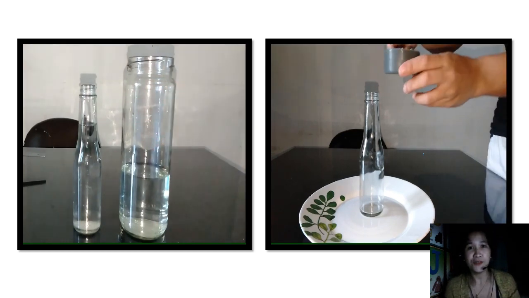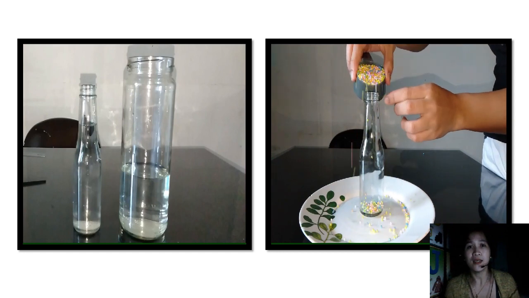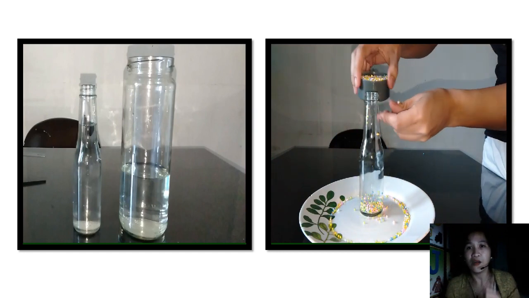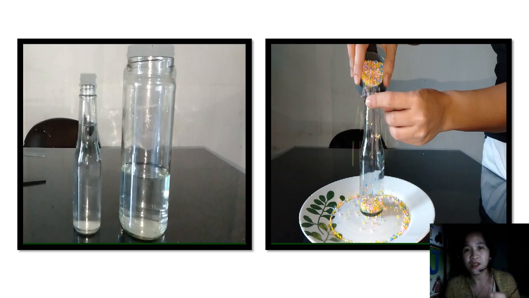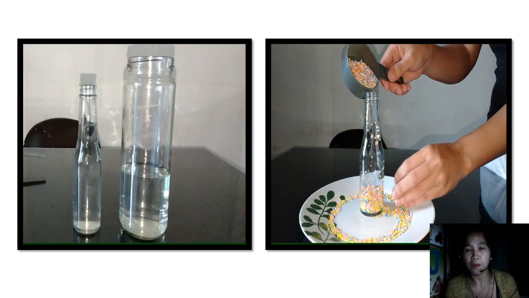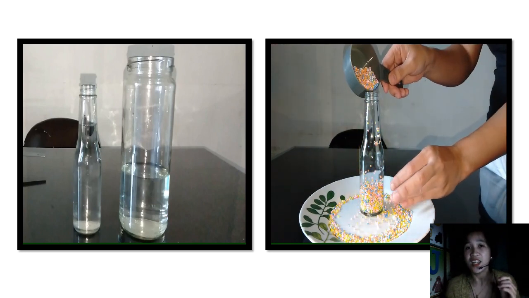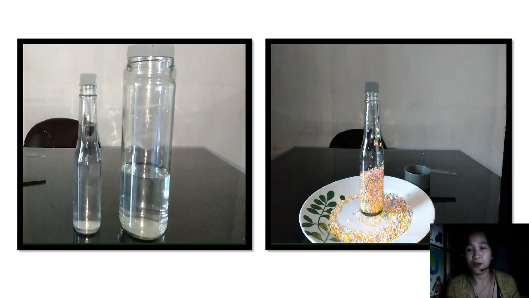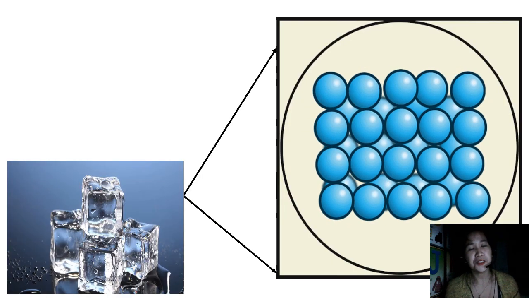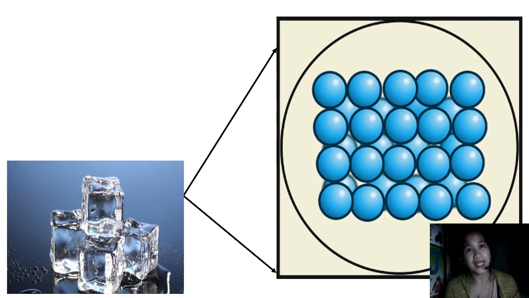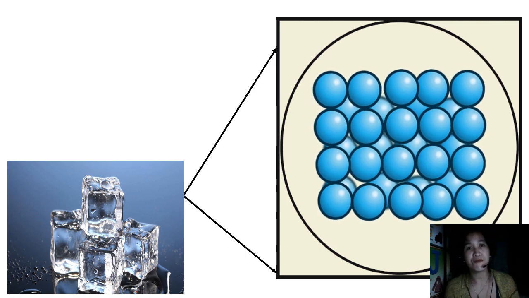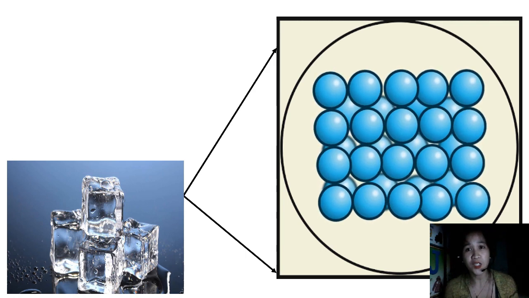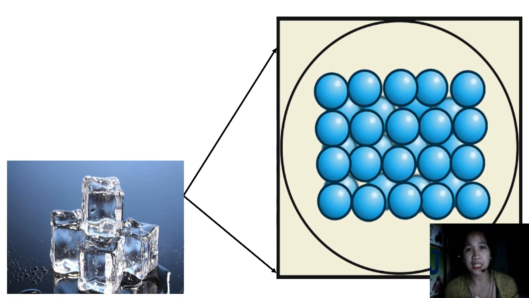And if you look closely, as you pour the styroballs, the little pieces of solid styroballs maintain their shape even as the entire sample may take the shape of the container. So, meaning to say, solids have definite shape and volume because the particles are packed closely together in fixed positions.